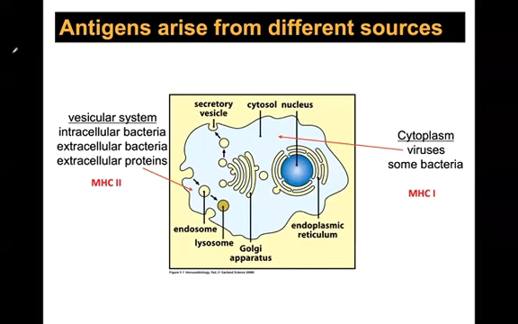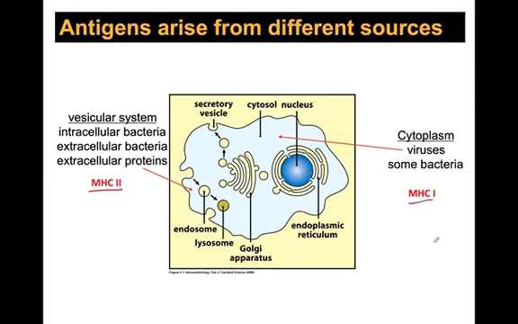So the first thing that we have to separate here is, where do the antigens come from for MHC1 and MHC2? We'll go through the classical explanation of that and then the exceptions for each of those. So in general, peptides that are going to bind to MHC2 come from extracellular sources. So they come from cells taking up parts of their environment, putting them into endosomes, eventually degrading those peptides and loading them onto MHC2.